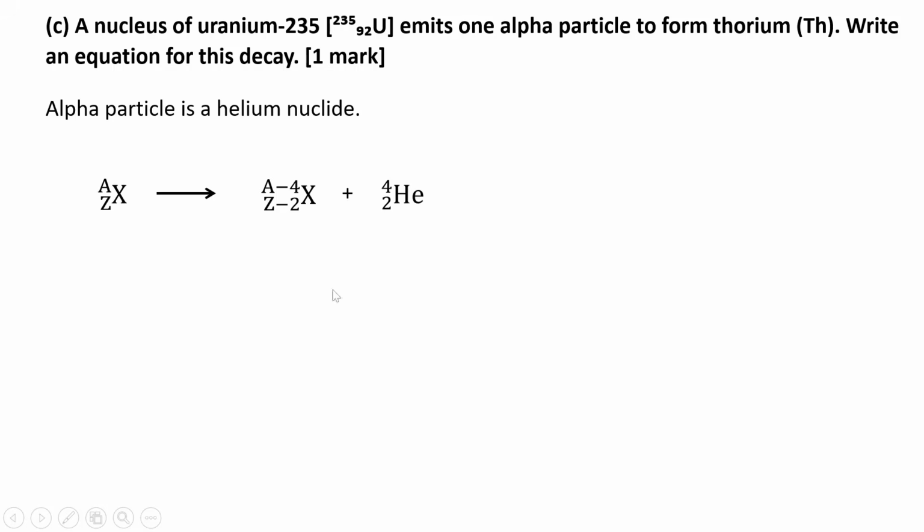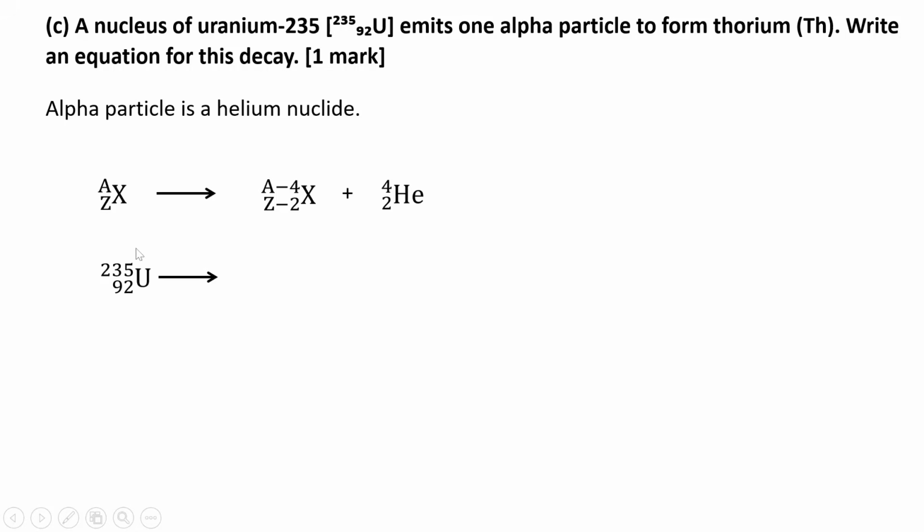Having this general equation in your mind, you can now begin with uranium, which is uranium 235, 92.